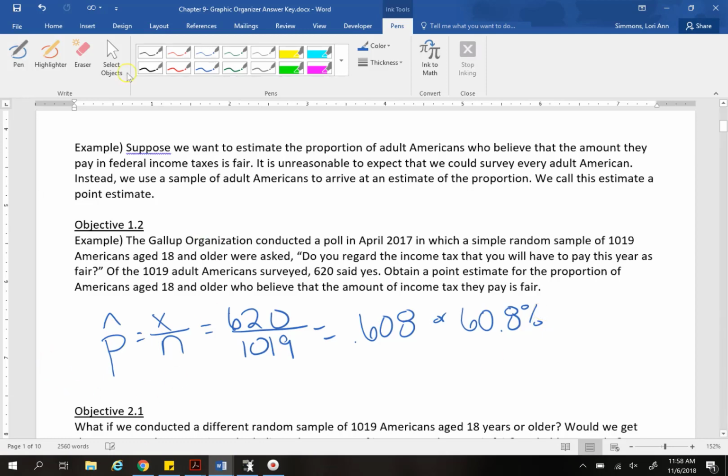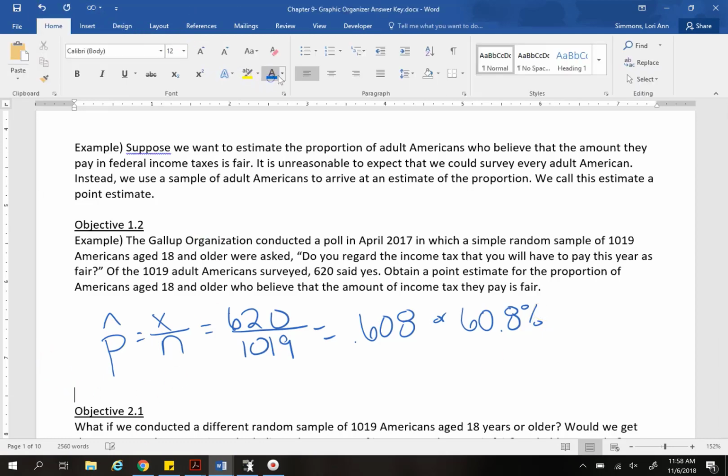If we wanted to write this out in a sentence, we could say we estimate that 60.8% of Americans aged 18 and older believe that the amount of income tax they pay is fair.